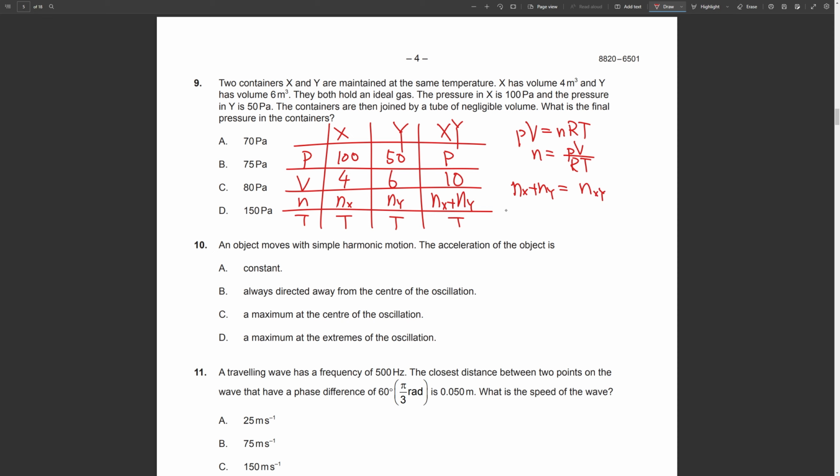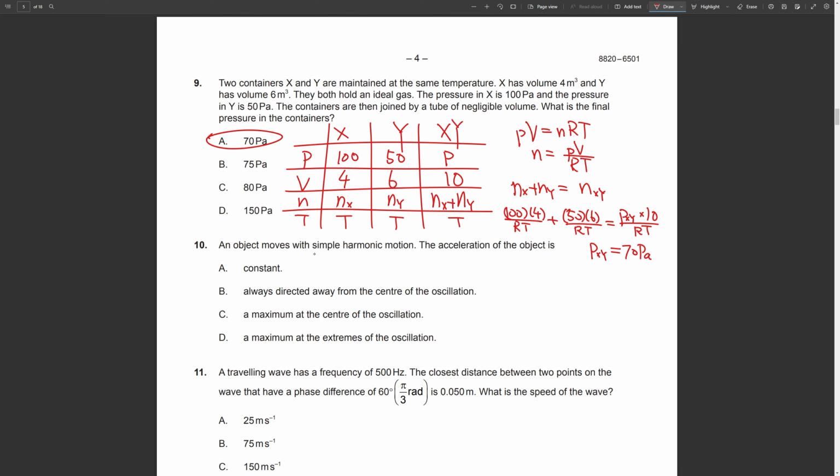It is the pressure of X, therefore 100, times the volume of X, therefore 4, divided by RT, plus 50 times 6 for Y, divided by RT. On the right-hand side, you have the pressure of XY times the volume of XY, which is 10, divided by RT. After rearranging, you should get the pressure of XY being 70 Pascal. The answer is A.